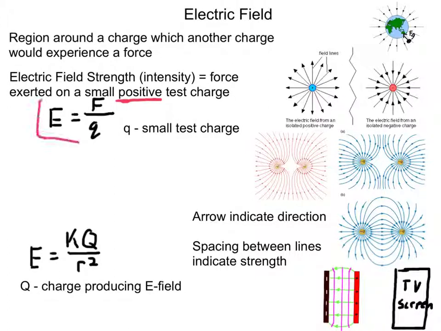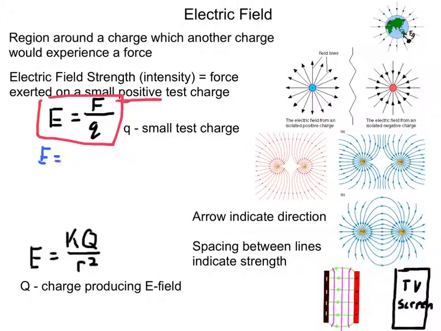Now, this equation right here is one of the two equations that you're going to need to bank on, and this is going to be used whenever you have information based upon a small test charge or another charge placed in an electric field that then experiences a force. But we have an equation for force here, and so I'm going to quickly derive this bottom equation for you.